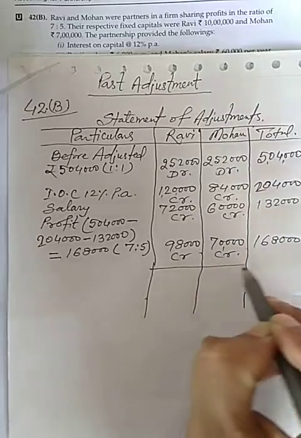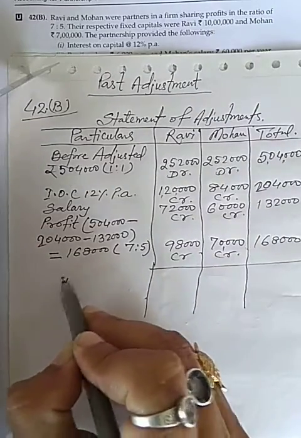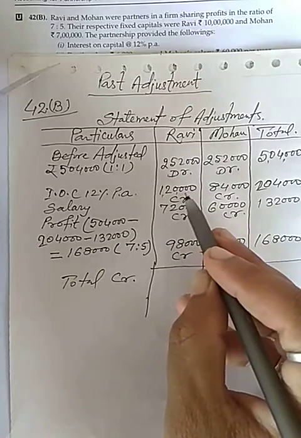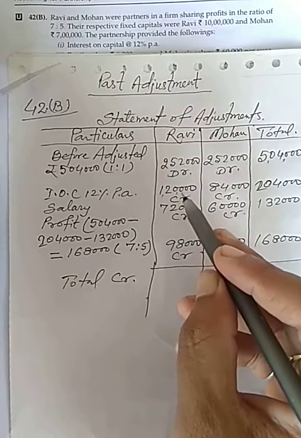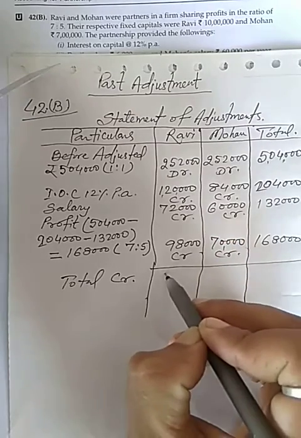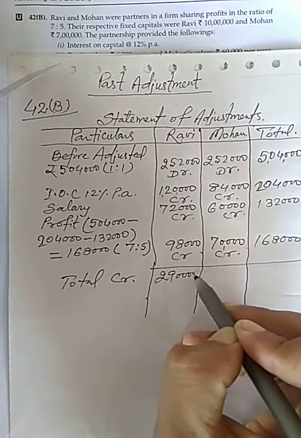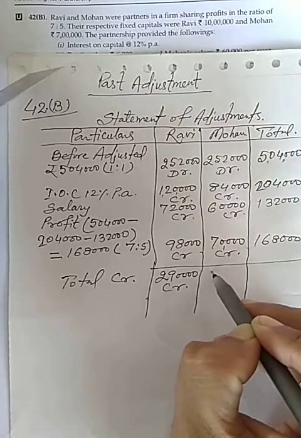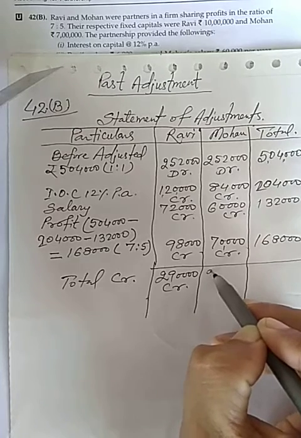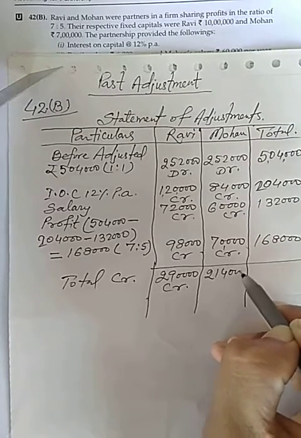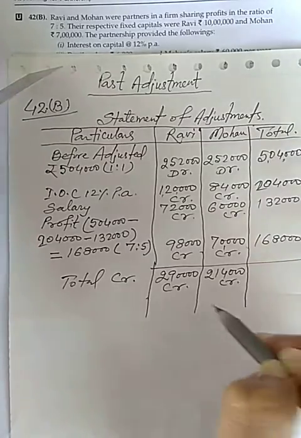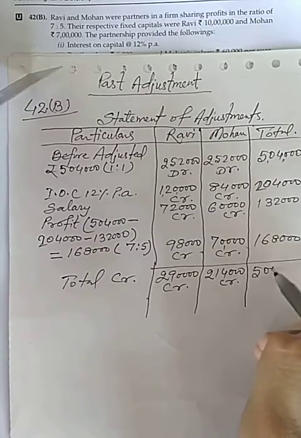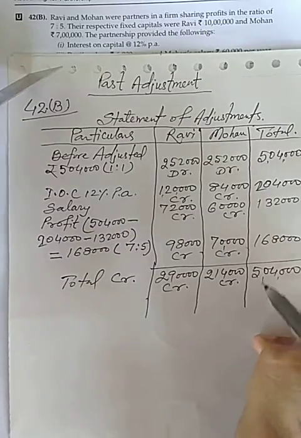So total credit of Ravi will be 2,90,000 credit, and Mohan 2,14,000 credit, and when we add, it will be 5,04,000 credit.